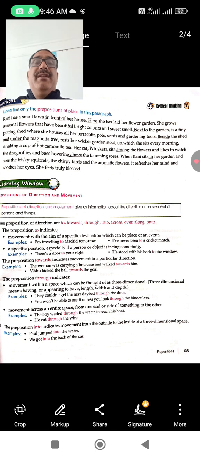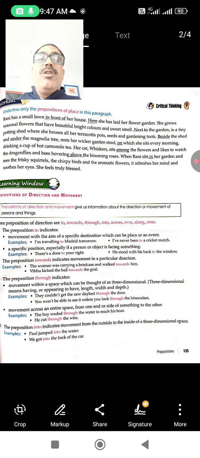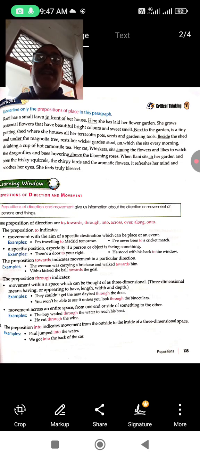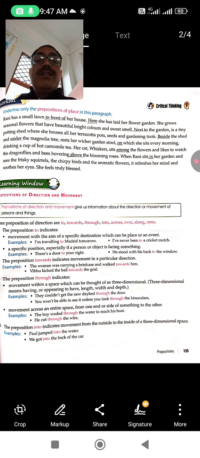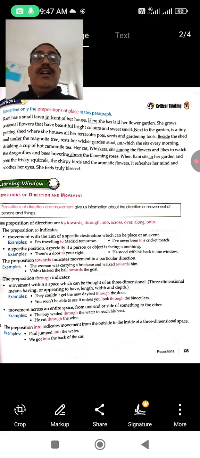Next to the garden, you will underline next to. And in a tiny potting shed where she houses all her terracotta pots, sheds, and gardening tools. Beside the shed, here you will underline beside. And under the magnolia tree, you will underline under here.